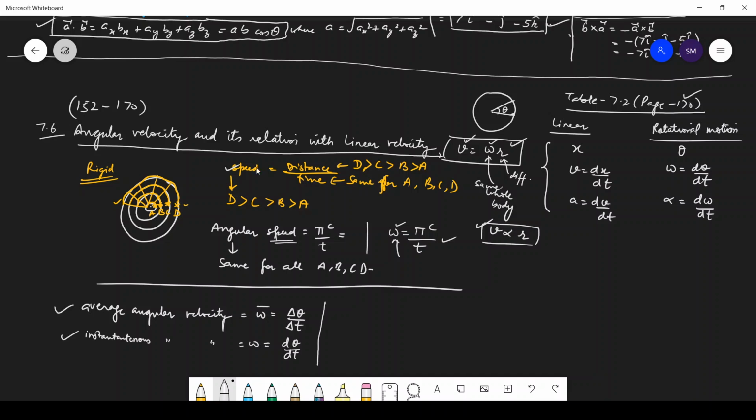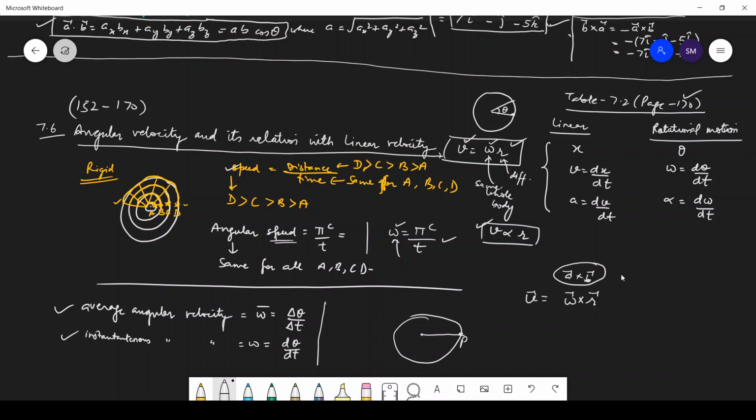How are we going to show this? So this is your figure and this is your point P, right? And where is your omega? This linear velocity is equal to omega cross r. This is just like a cross b we have done. And what is the direction of a cross b?